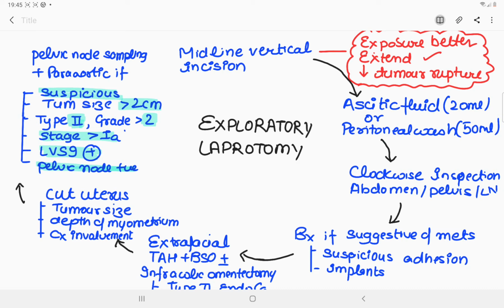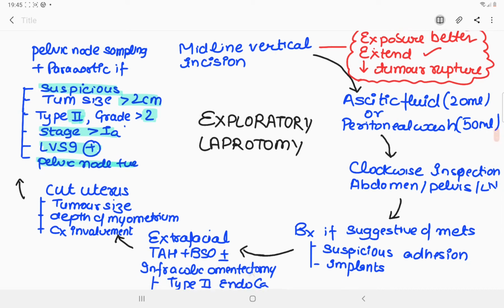In the pelvis, we will examine the bladder, ureter, kidneys, uterus, fallopian tubes and ovaries, and lymph nodes. If we find any suspicious adhesion or implant, we have to take a biopsy.